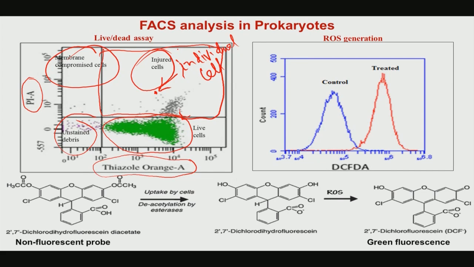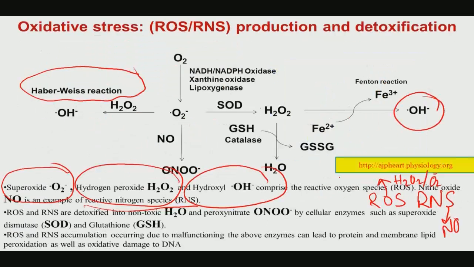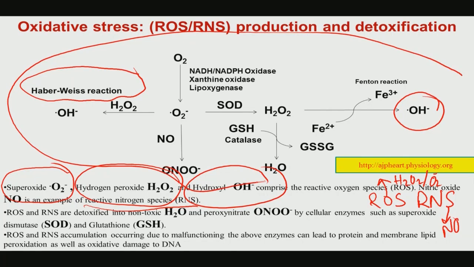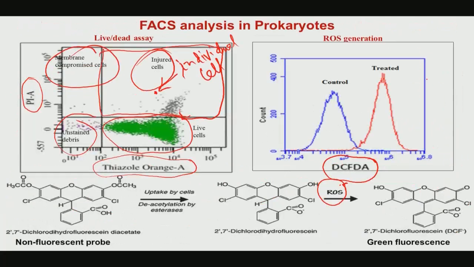Now, coming to ROS quantification using fluorescence activated cell sorter, this is also known as the DCFDA assay. You use DCFDA as a biochemical reagent, and if this particular reaction takes place in the intracellular region, whose end product is one of the constituents of the reactive oxygen species, then it will give some green fluorescence.